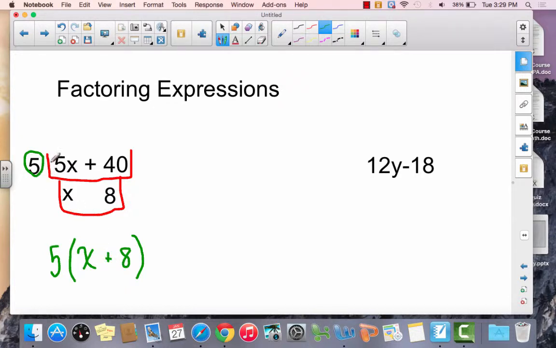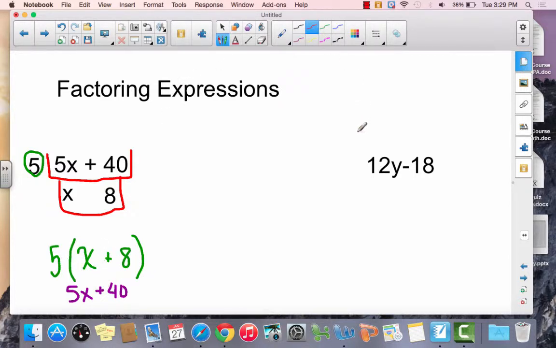So what I'm saying is the simplified expression 5x plus 40 is equivalent to this expression right here. And I can prove that because if I do the distributive property on here, 5 times x would give me 5x. 5 times 8 would give me the 40. So again, your factored expression is the expression that has the parentheses.